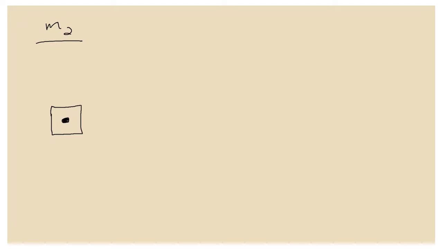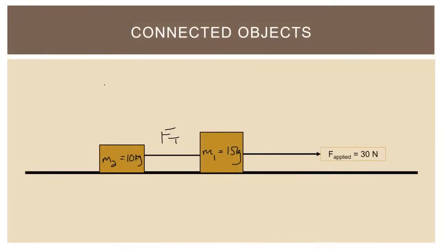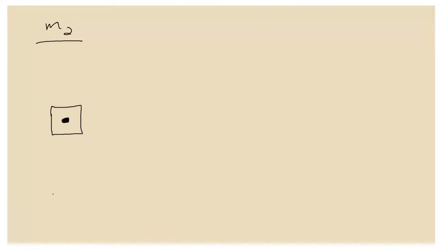And the key thing to recognize when you're drawing these diagrams is that both of these objects are going to end up accelerating to the right due to this applied force. So this object is going to end up accelerating to the right, and so we'll include that off to the side. Now, why is this object going to accelerate to the right? Well, that's because it has a force of tension acting on it to the right. So we'll draw that in here.